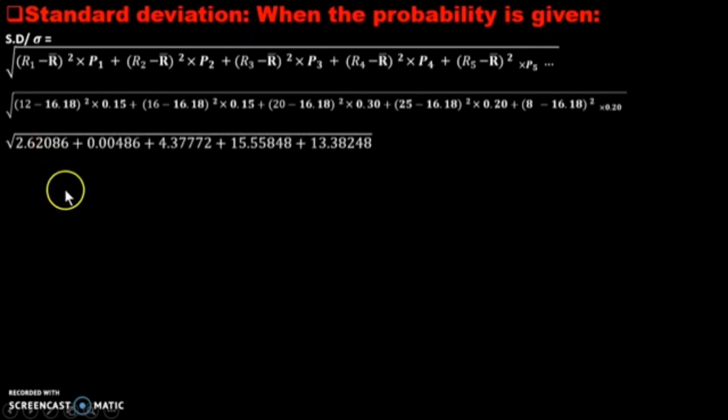After calculation with this formula we find the standard deviation is 5.9953, that is, about 6%.